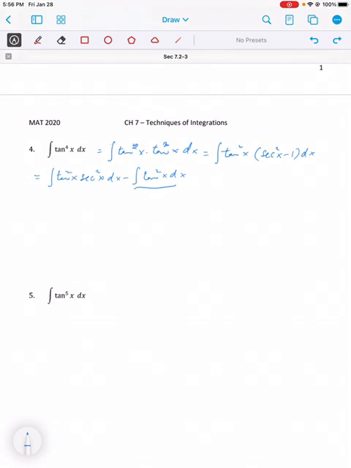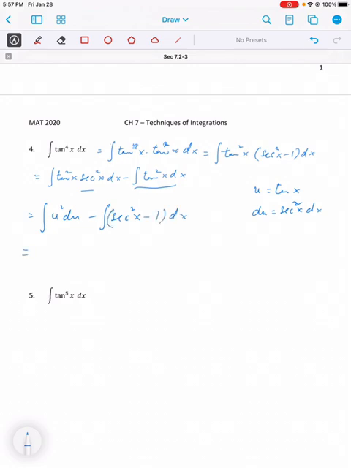So for the first one, we will use a u substitution. Let u equals tangent of x, then du will be equal to secant square x dx, so that this integral becomes u squared du, and this one we can write as secant square x minus 1 dx.